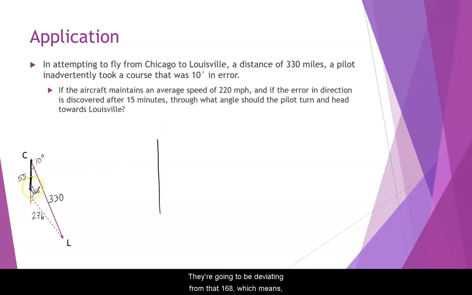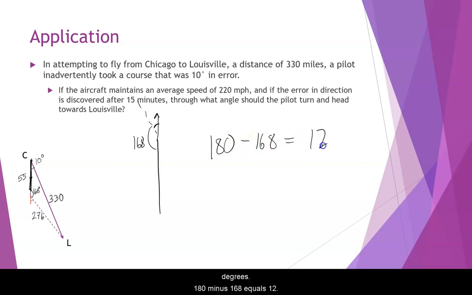They're going to be deviating from that 168, which means if this angle is 168, they are just going to continue on straight. And so we want to find the supplement to angle 168. And we can do that because we know that these two angles together are 180 degrees. 180 minus 168 equals 12.